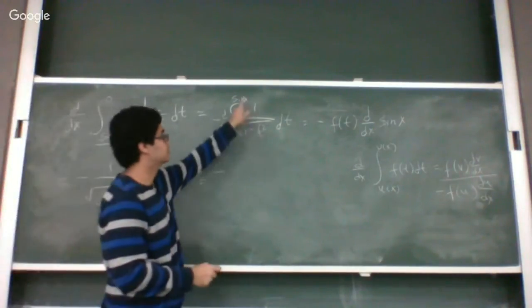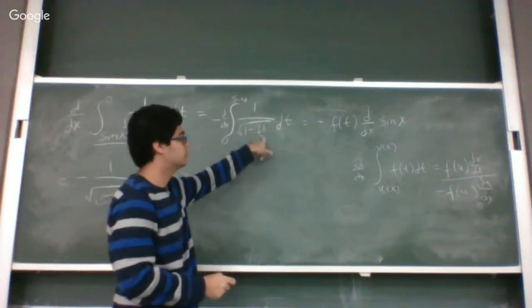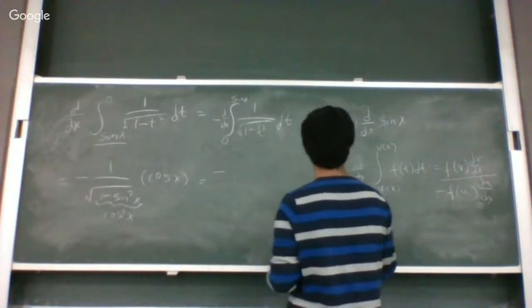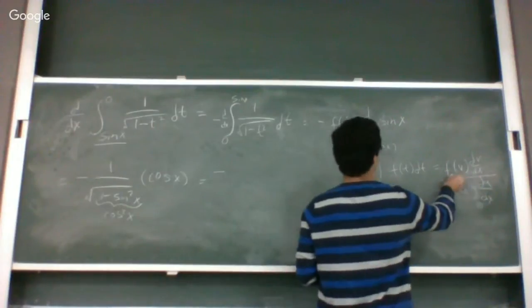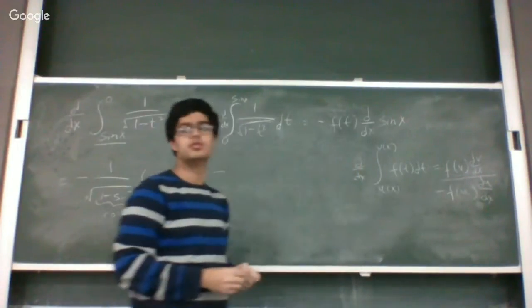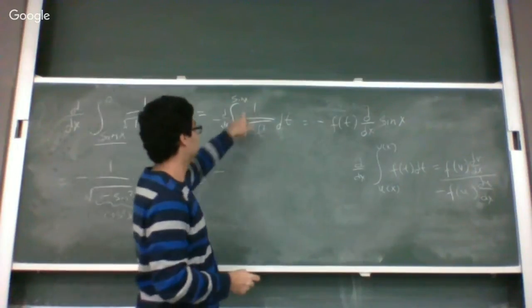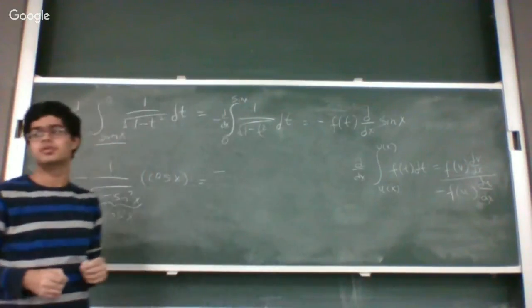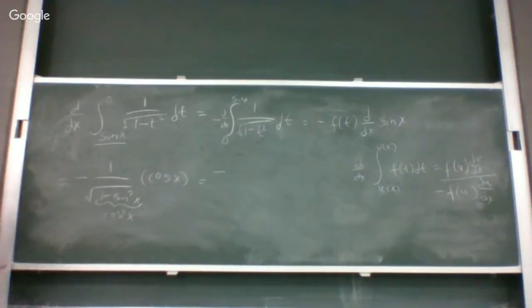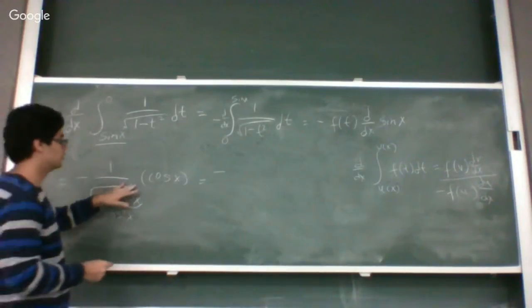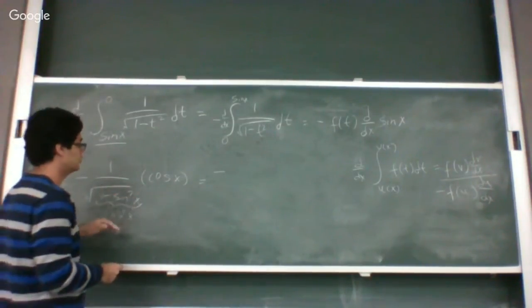We plugged in sine for it. That's part of the rule, like how we have f of b with v in it. So this turns out to be minus.